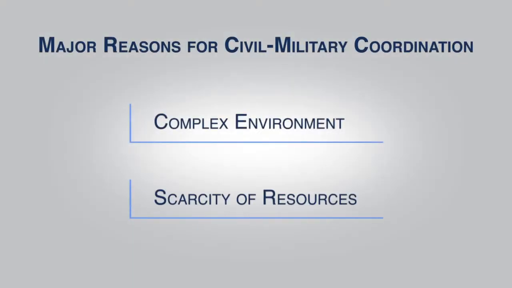The other major driver is the fact that resources are getting more and more dear, more and more scarce. That not just includes people, that includes money and many other assets that the mission has. So we have to take what we've got and make it work better together. That's really the essence of CIMIC, and that's why we do it.